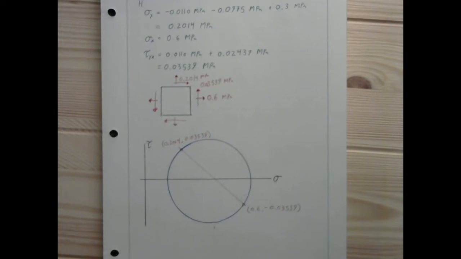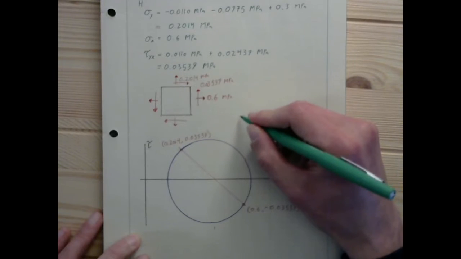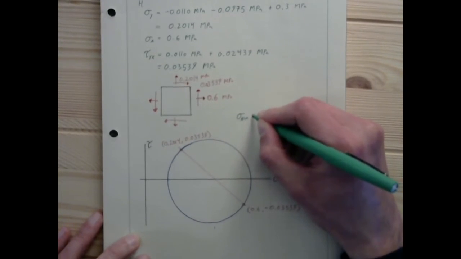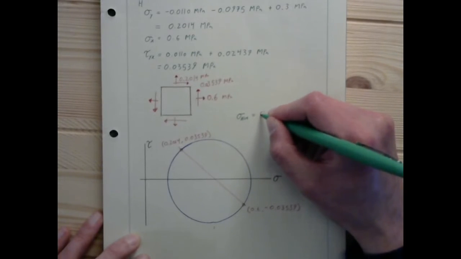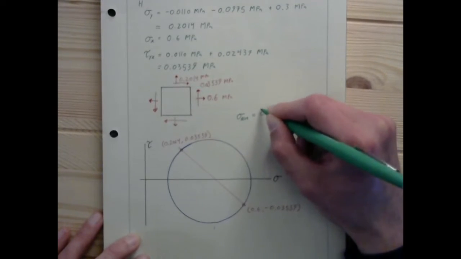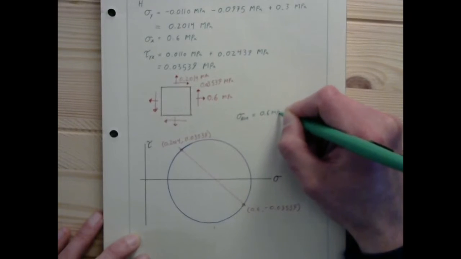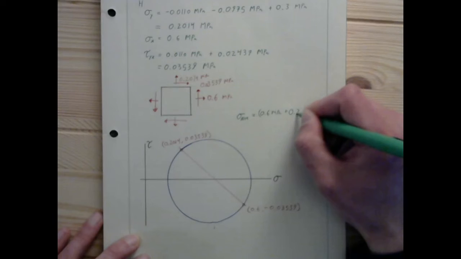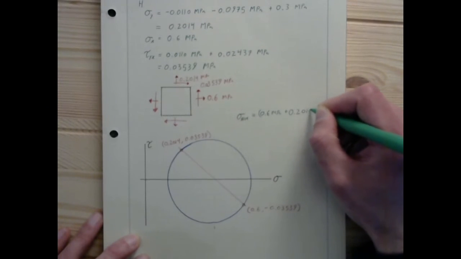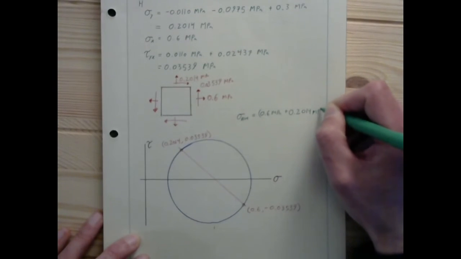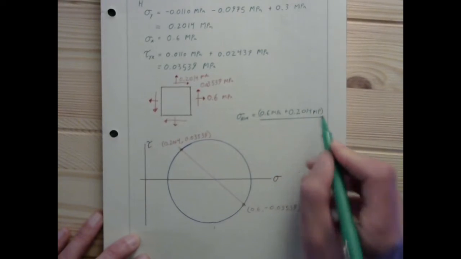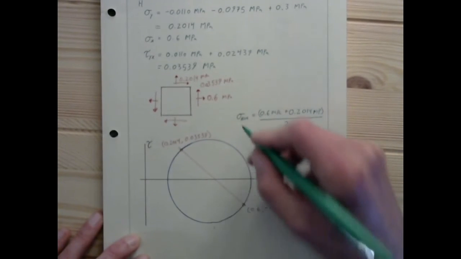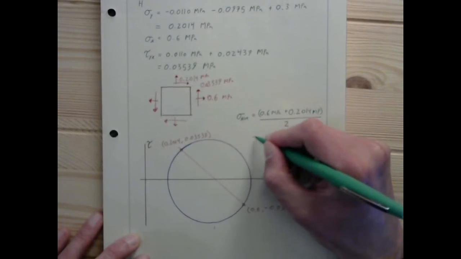But we can right away say that the average normal stress is going to be 0.6 megapascals plus 0.2014 megapascals over 2. You know how to average things.